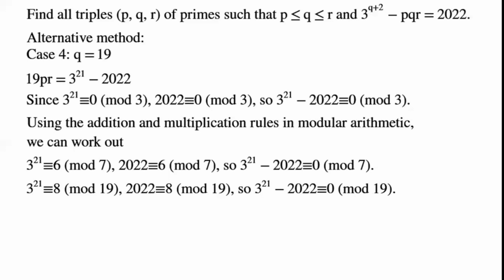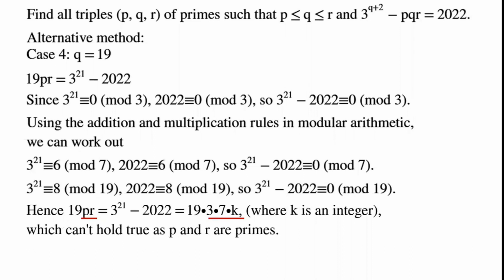So 3 to the power of 21 minus 2022 is congruent to 0 mod 19.